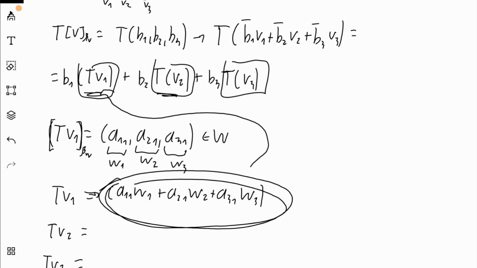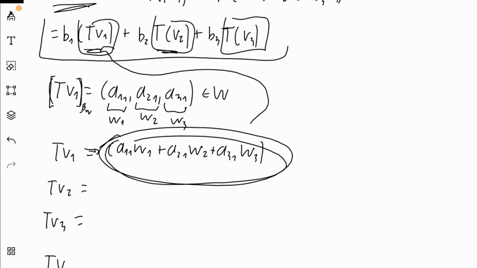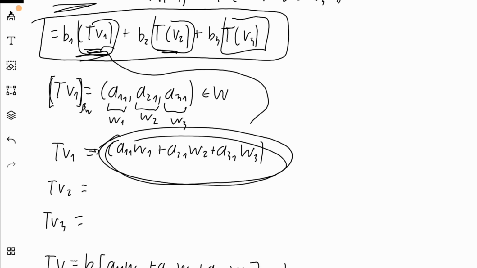So our linear transformation T of v, which we're looking at initially, will just equal B1 times T of v1. I'm going to have this kind of bracket, but just imagine it's a normal bracket, times A11 W1 plus A21 W2 plus A31 W3. This is this factor over here, and then plus B2 times T of v2.